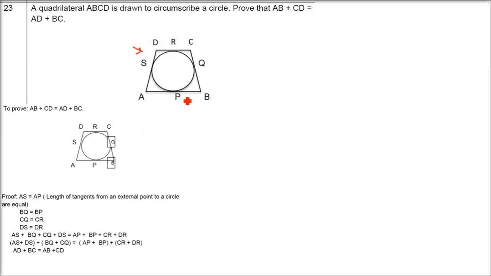In order to solve this, one concept is used. The concept is that the lengths of the tangents from an external point to a circle are equal. These two tangent lengths will be equal.